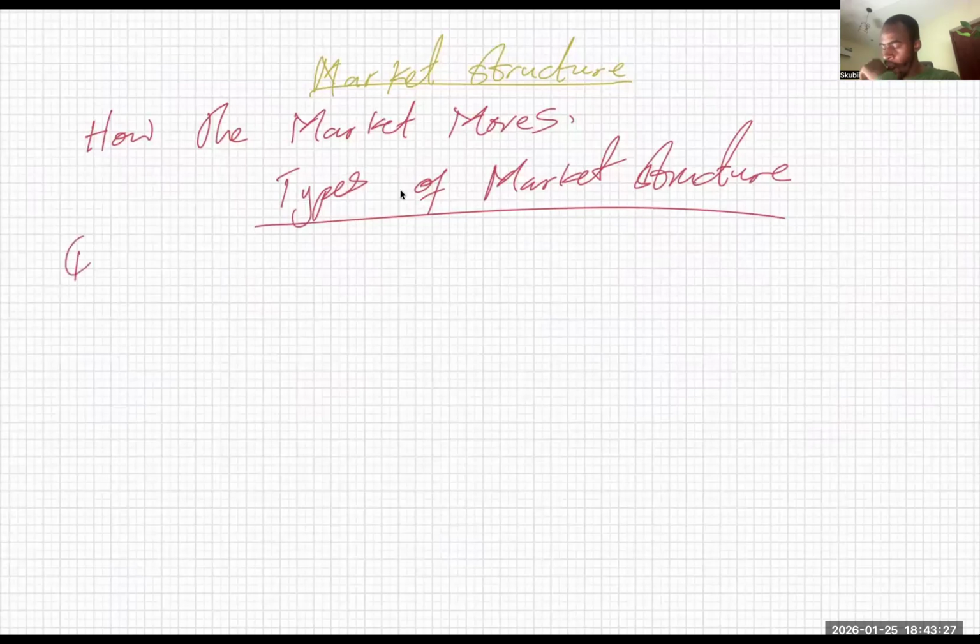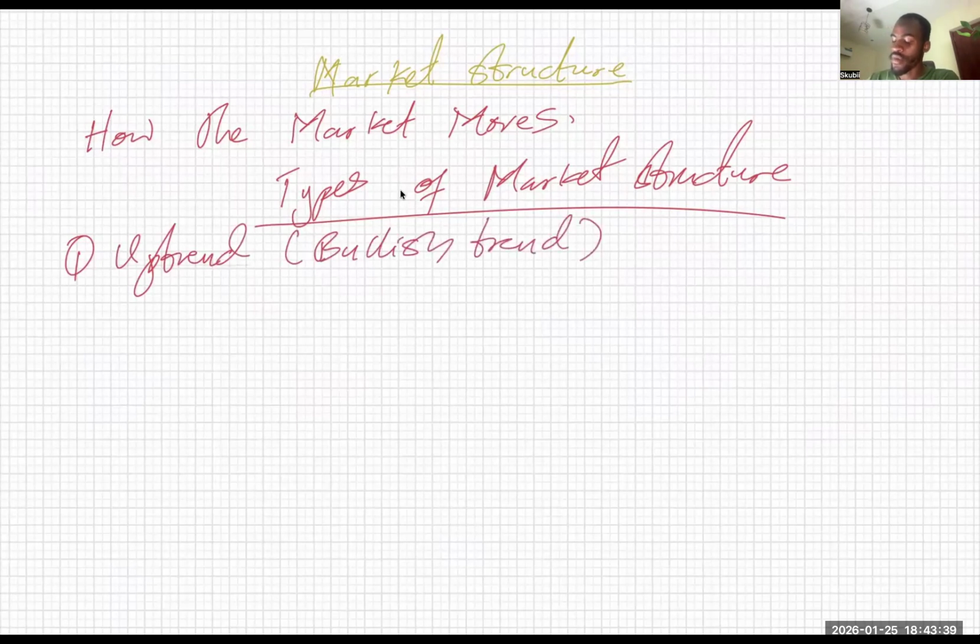We have an uptrend, which can also be called a bullish trend. We've got a downtrend, which could also be called a bearish trend.